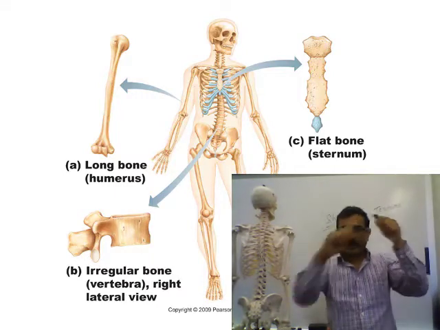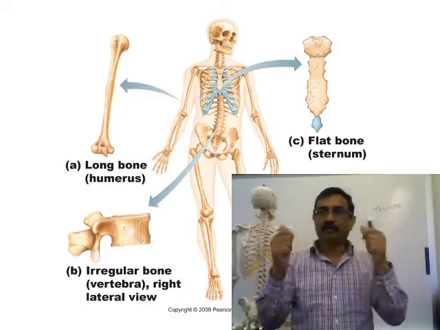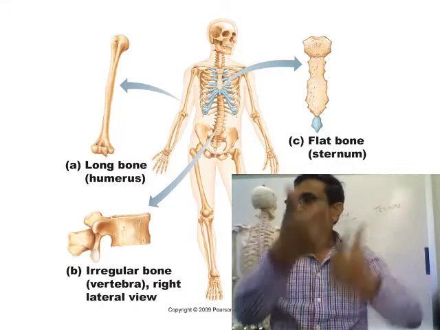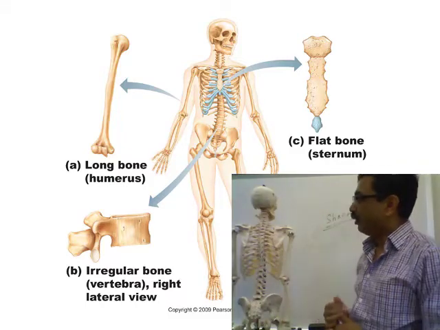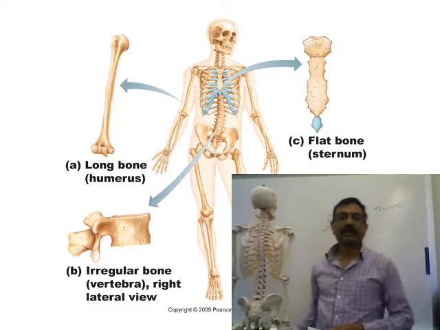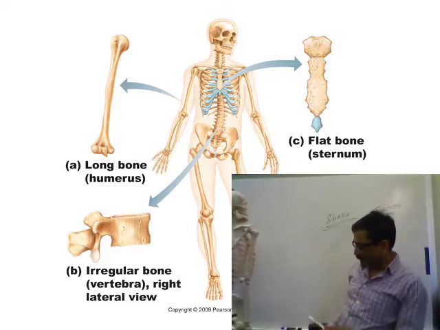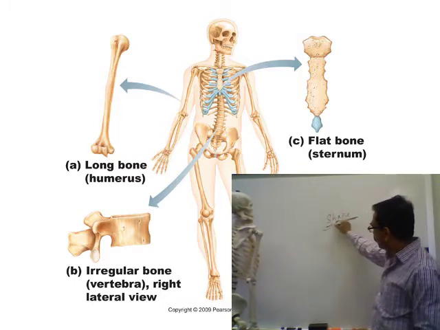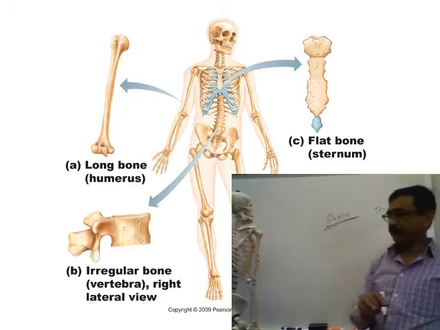Transverse processes, spinous process, right? Superior articular process, inferior articular process. So you see many structures stick out. So irregular. Those are the types of bones based on the shape.